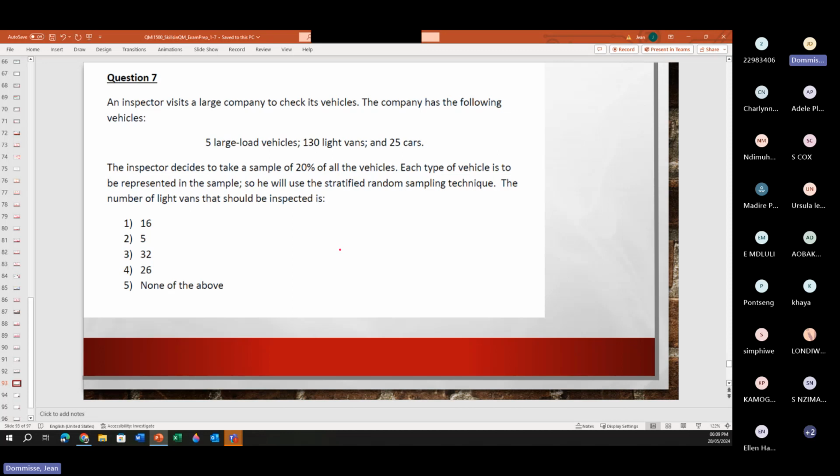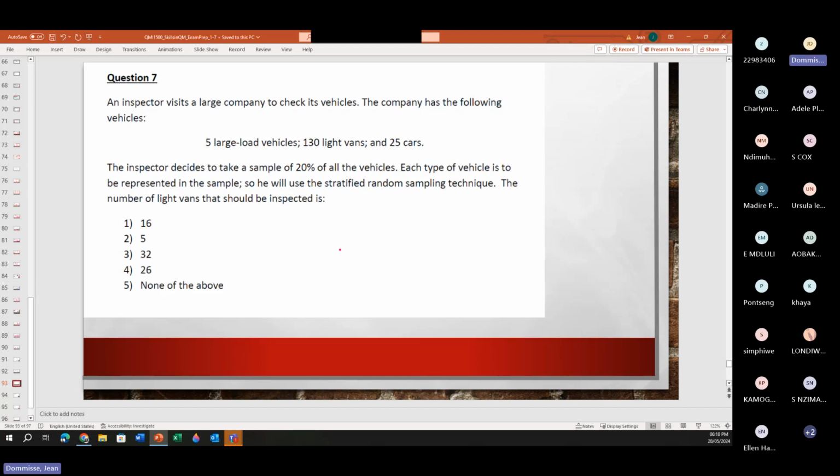Okay, so let's look then at this question. An inspector visits a large company to check its vehicles. The company has the following vehicles: 5 large load vehicles, 150 light vans, and 25 cars.